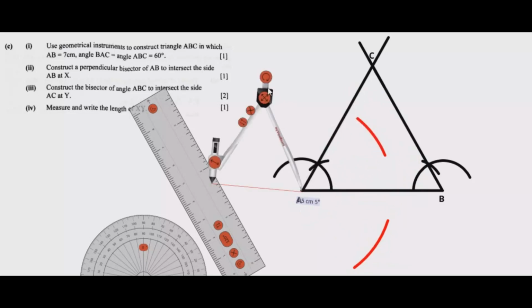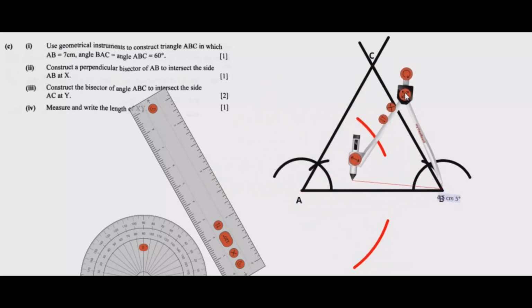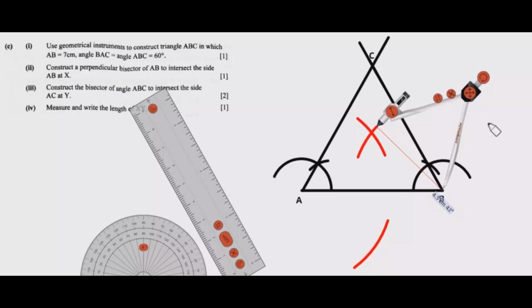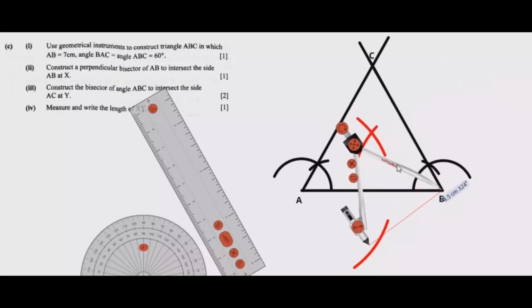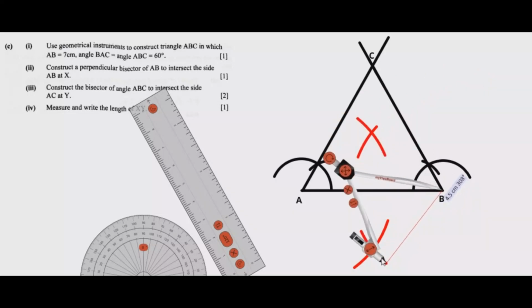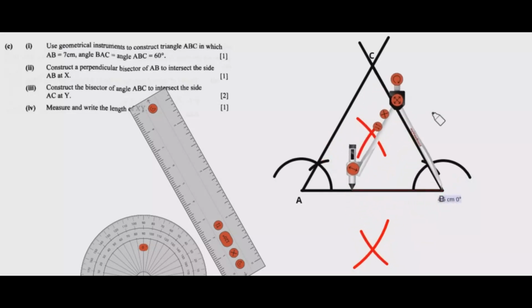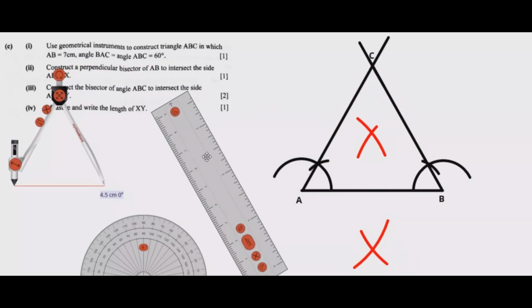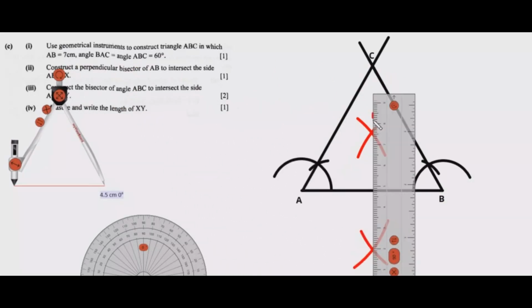We go on B and put the metal arm on B, maintaining the same width of the arms. Don't change the width of the arms. Again we draw the arc here, and we also come to this side and draw the arc like that. Now the next thing we're going to do is join the intersection of these arcs. So we're going to join this.